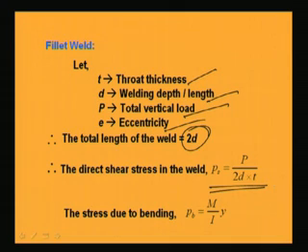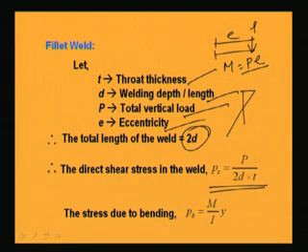So, the stress due to bending: because of P being here, a moment P into E will be developing. So, stress will be developing in this way along the depth of the cross section. If we see, it will develop like this.